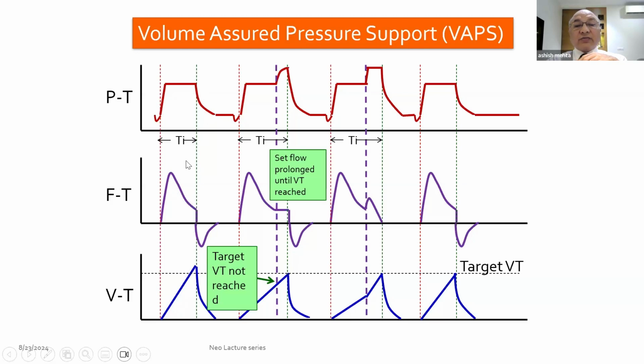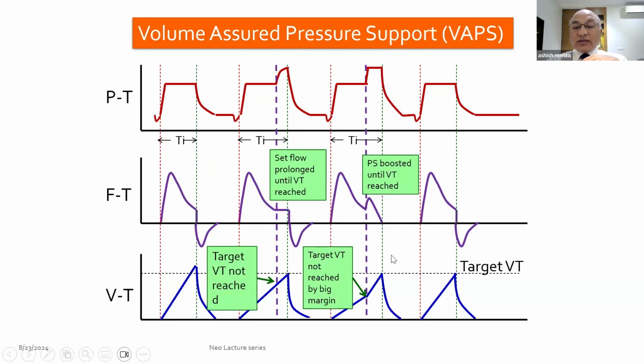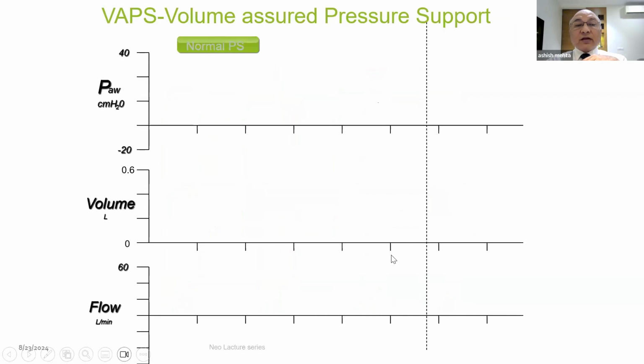Now everything is measured. With the subsequent breath, the ventilator is supposed to reach this target volume. If it is not happening, then it will boost up the pressure to make sure that the desired target volume is reached. Let's see what happens here.